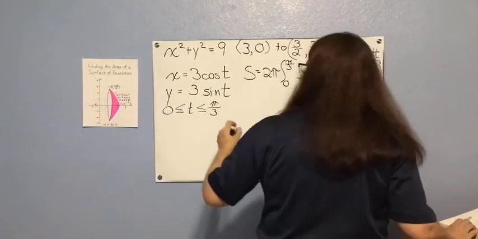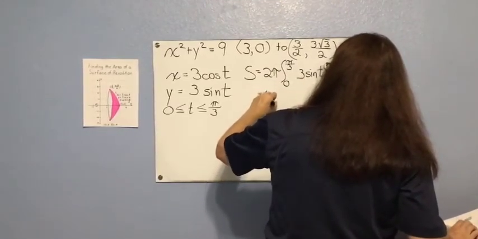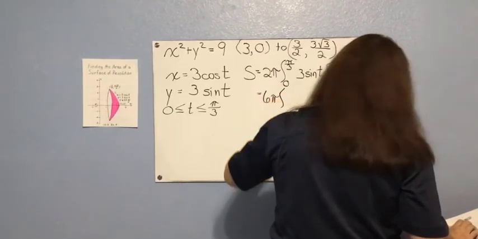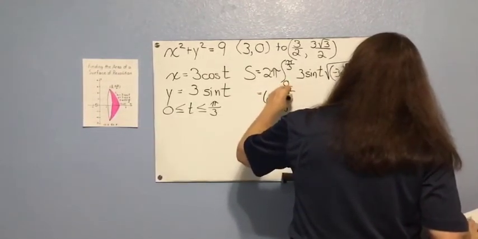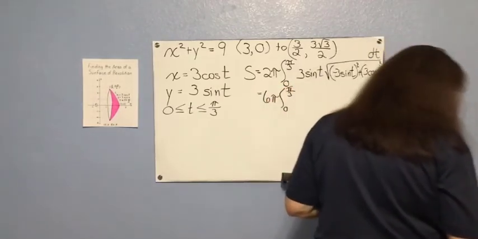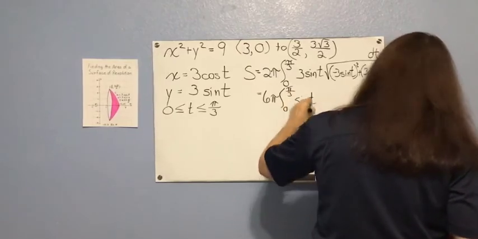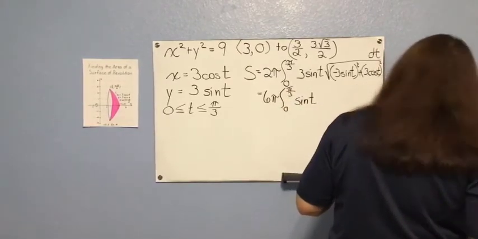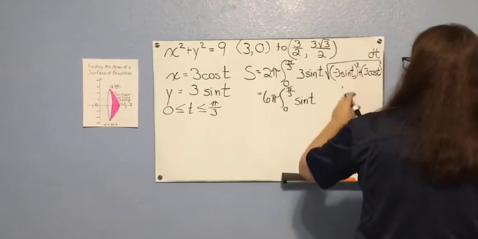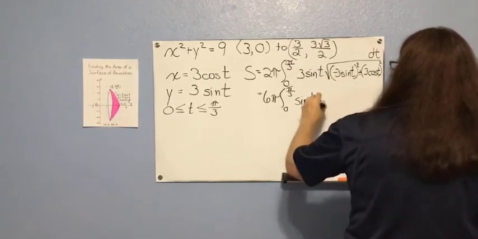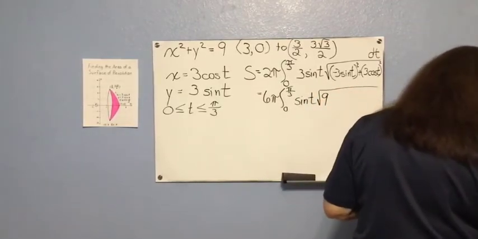Okay, so now I'm going to take this factor of 3 out, so I have 6 pi and just have sine t now. And in here, I'm going to take out the 9 after I square both of these and just put it out front inside the radical.